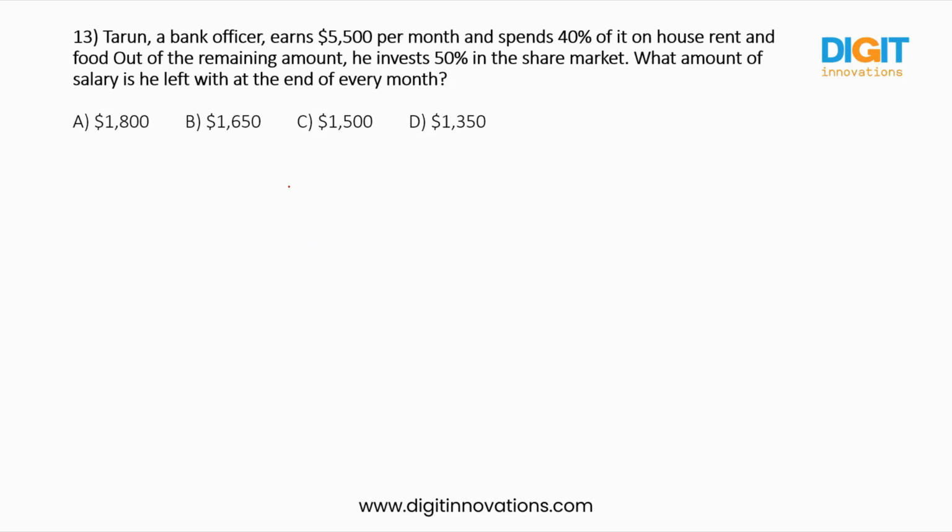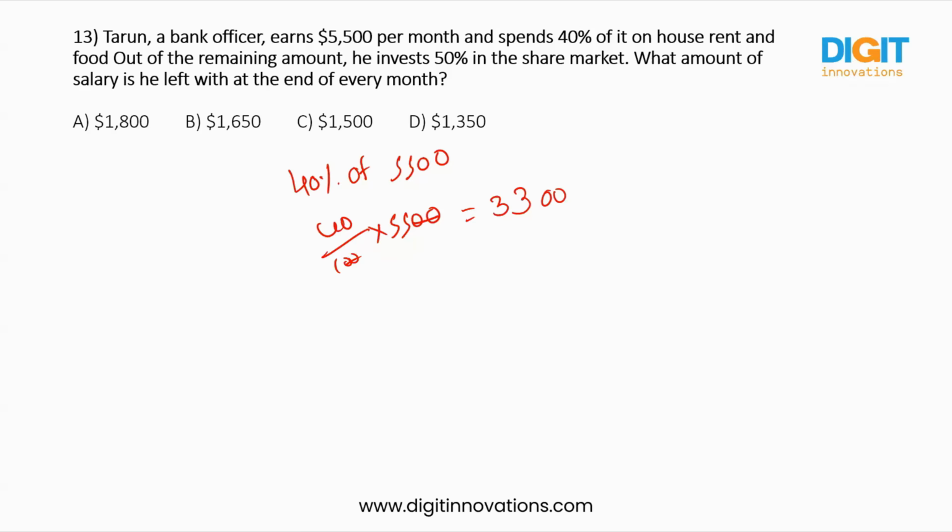So total income is 5,500. In that 5,500, he spends 40% on house rent and food. So 40% of 5,500 we need to find out. So 40 by 100 into 5,500, the zeros will get cancelled, and finally you will get 2,200.